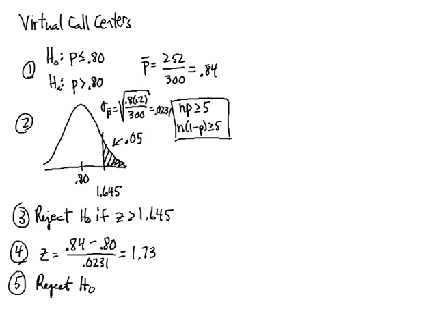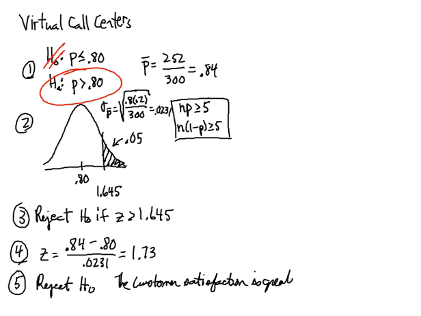So in rejecting h sub 0, I've proven the alternative true. So the customer satisfaction is greater than 80%.